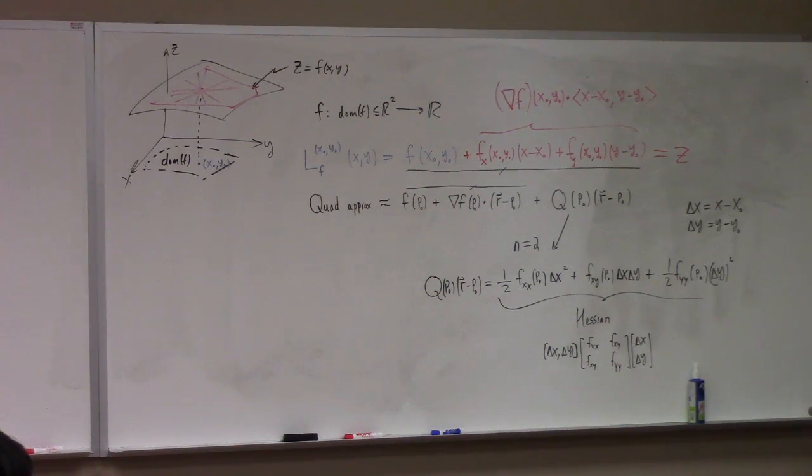It's got some domain. It's a subset of Rn, and its output is in Rm. So this would be what's called an Rm-valued function of Rn. That's what we're working on right now.